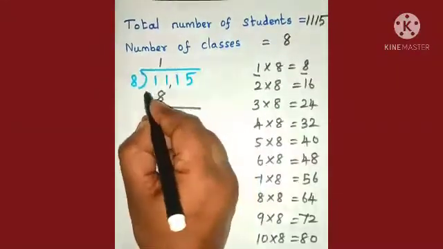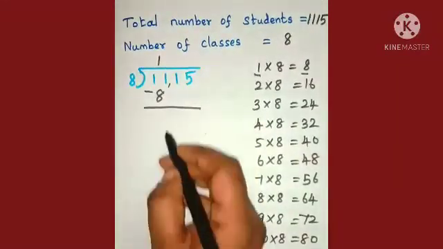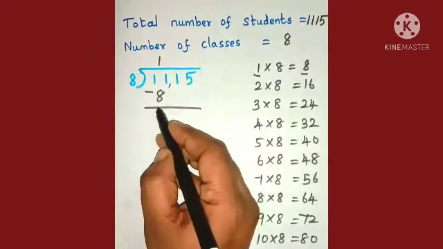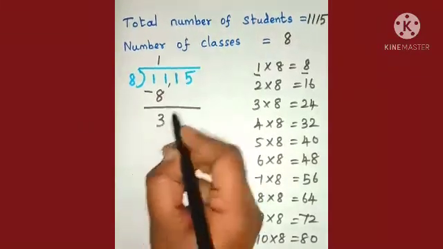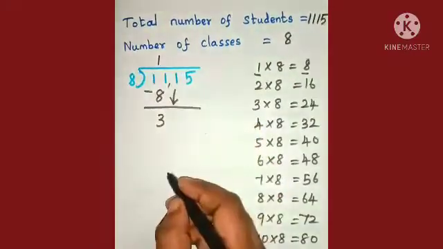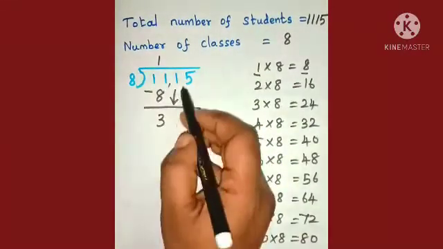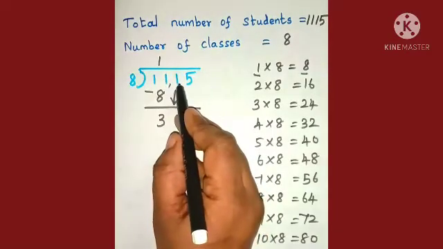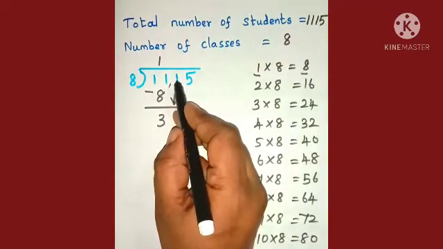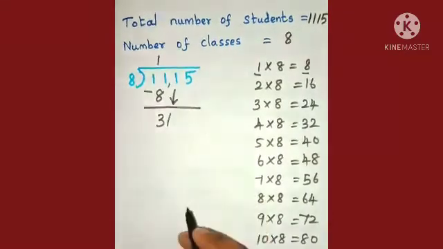Now as our next step, we have to take the difference. 11 minus 8 is 3. Next step, we have to bring 1 down. We have to bring the next digit in the dividend down. Here, the next digit is 1. Bring 1 down.